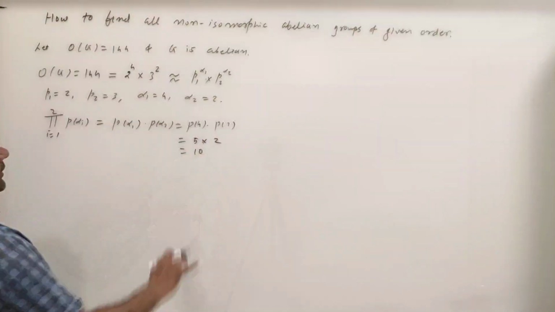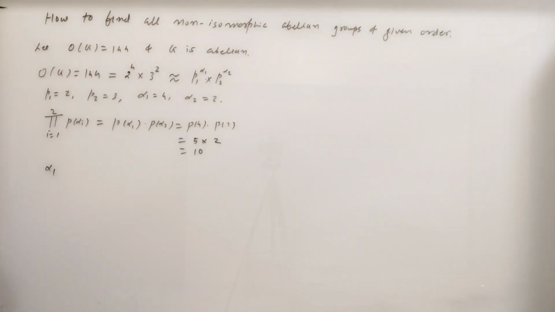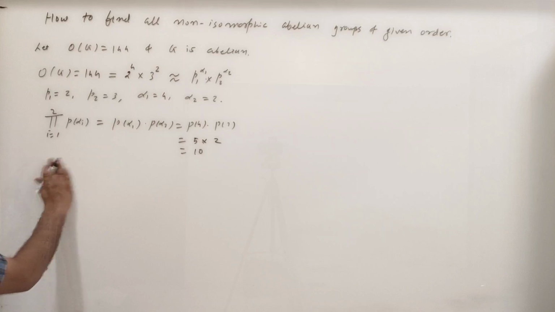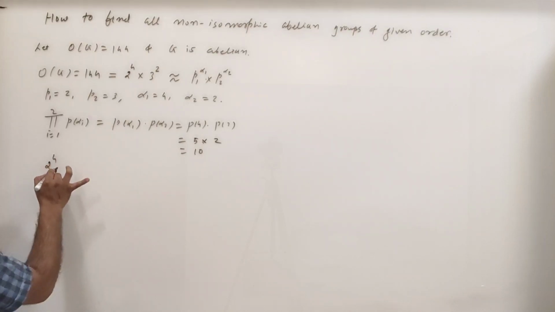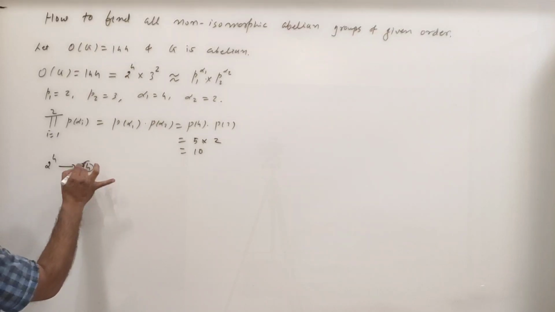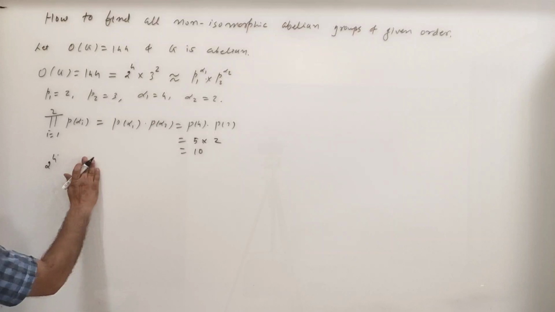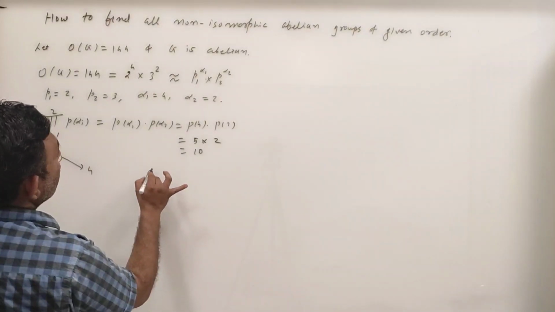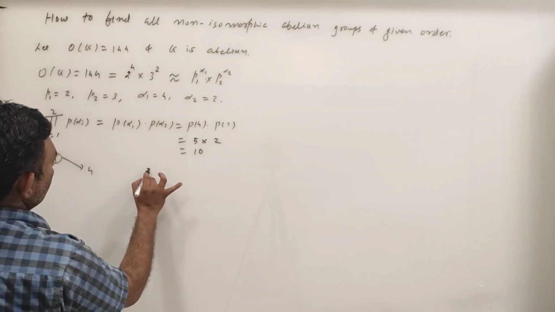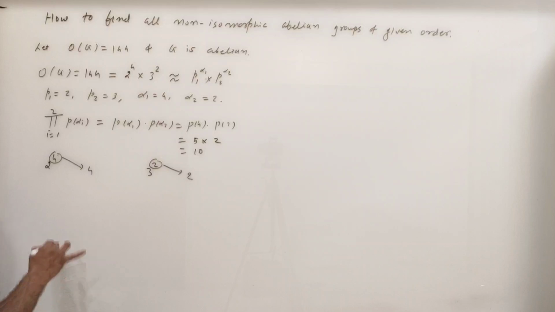So 4 and 2. So here you consider the alpha 1 partition, that is, let me write in this way, 2 raised to 4. So from 2 raised to 4 you look at 4, this 4. From 2 raised to 4 you look at 4, and from here 3 square you look at 2, right?